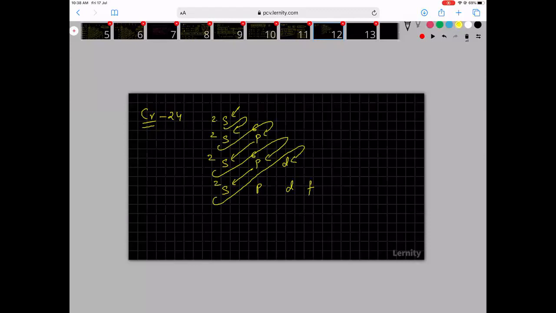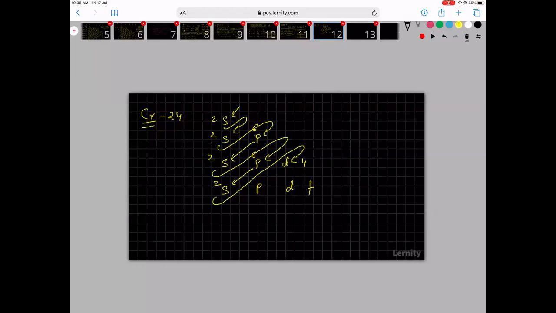So how many are there? 2, 2, 4, 10, 20. After 20, 4 will come here. So 12 here, 12 here, then 8 here. 12 plus 8 is 20, 24. So this is what it shows.